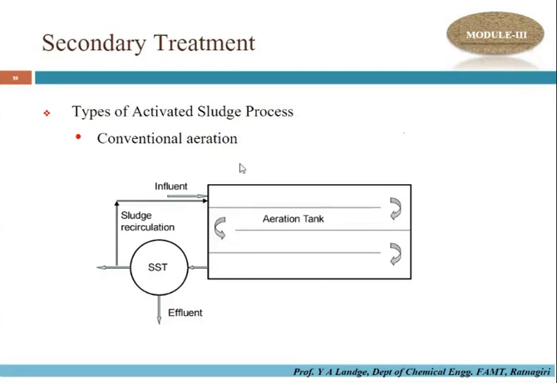First, if you see the conventional aeration process in the diagram, there is an aeration tank and this is the secondary sedimentation tank. Obviously, we recycle certain active sludge from the secondary sedimentation tank and feed it to the aeration tank.